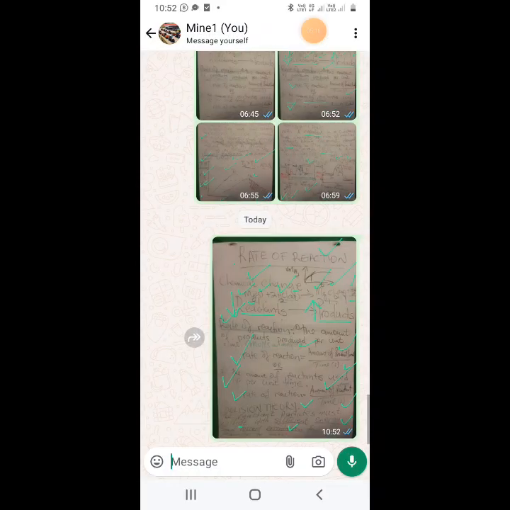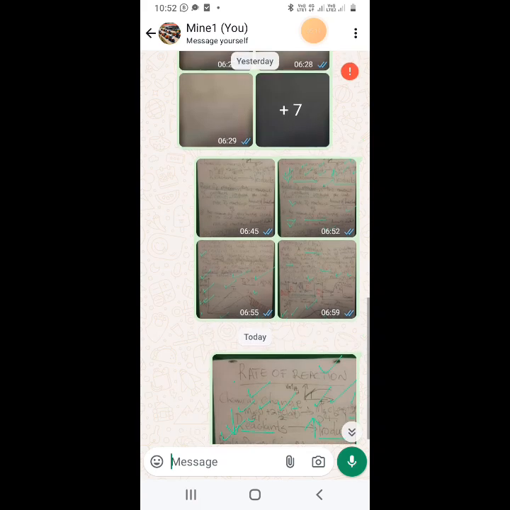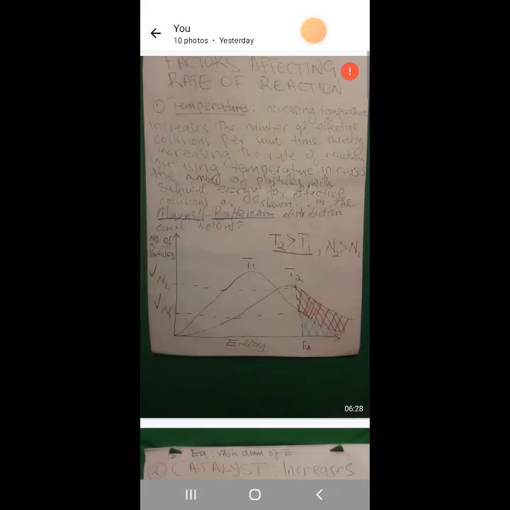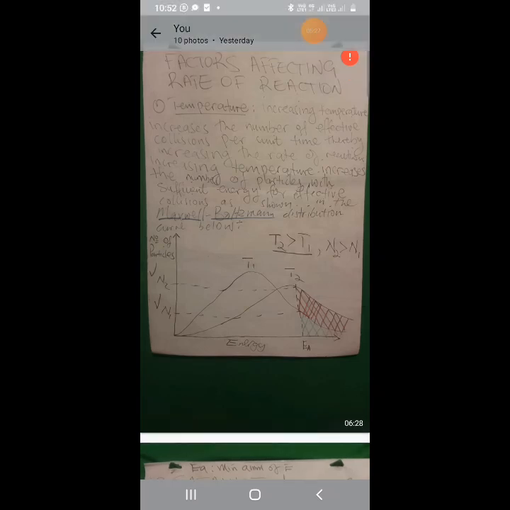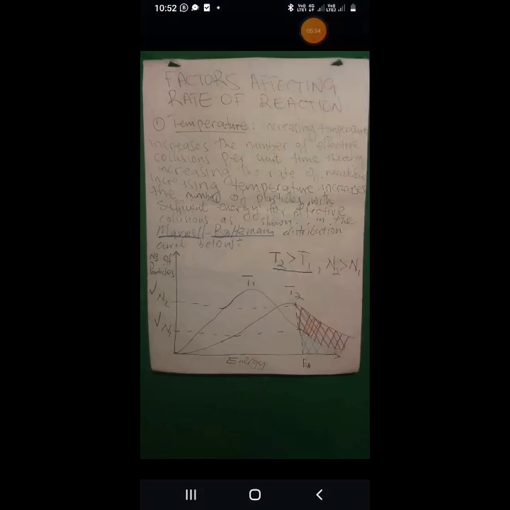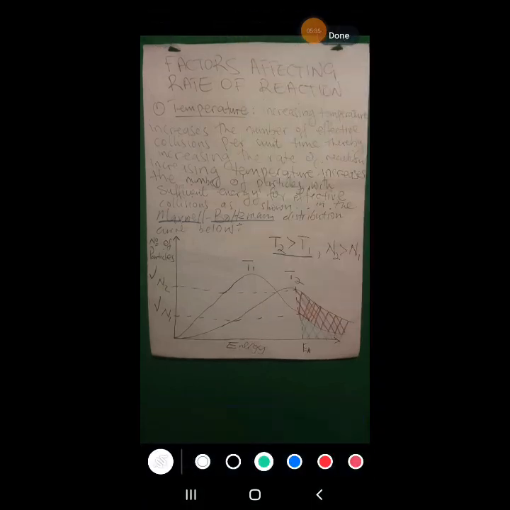So now let's proceed further to describe the various factors that affect the rate of reaction using the collision theory. Let's start by looking at temperature. What is temperature? Temperature is a measurement of the average kinetic energy of the particles of a substance.